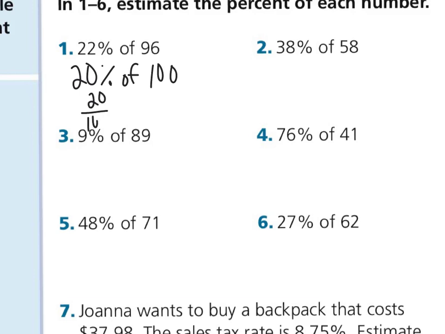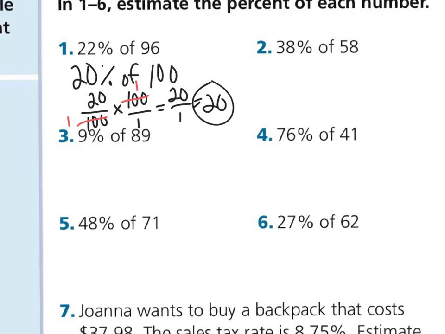Of means multiply, so 20 over 100 times 100 over 1 if you want. Both of these can be reduced by 100 since we're multiplying fractions, and that would be the same as 20. Or you could change 20% to a decimal and work it out that way.